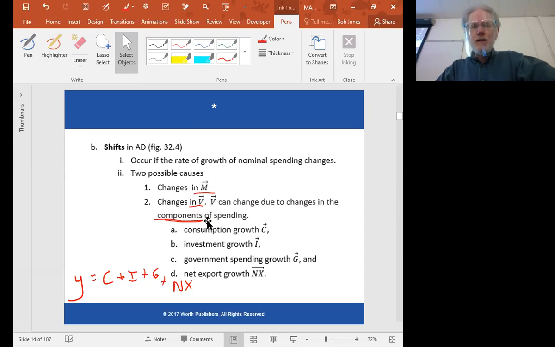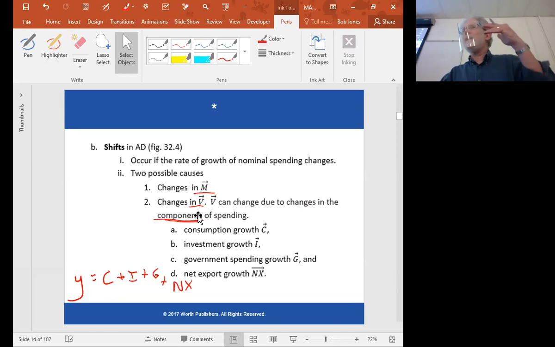What can change velocity? Well, we talked about what real GDP is. At any point in time, it's consumption spending plus investment spending plus government purchases plus net exports. We said that anytime you have a change in the growth rate of any of those components, that's going to change velocity.